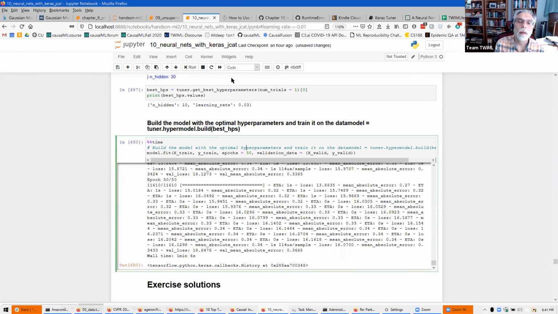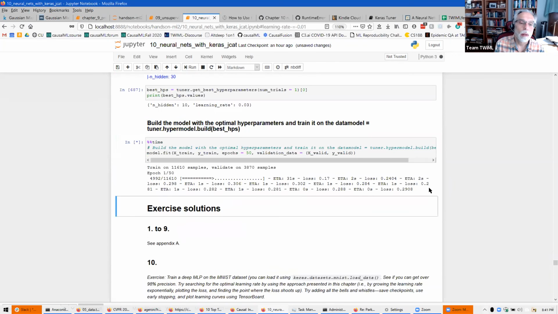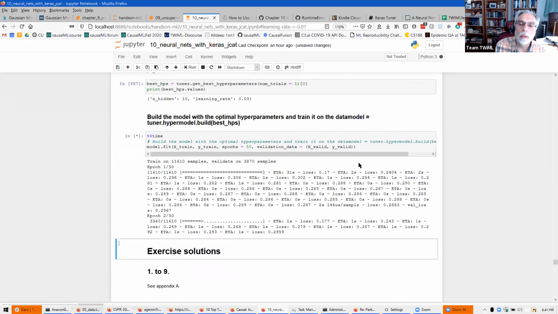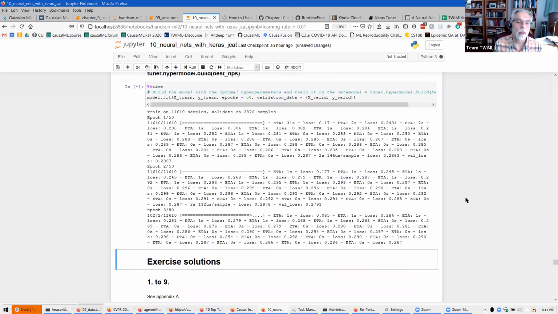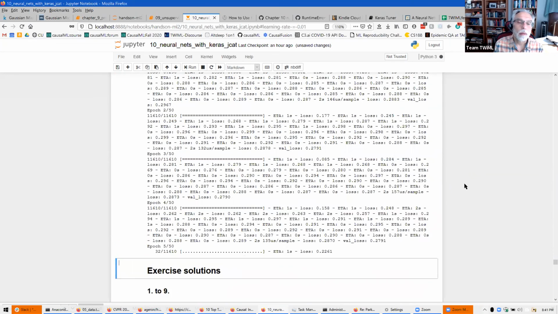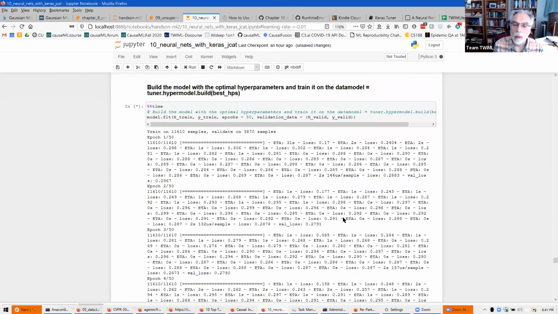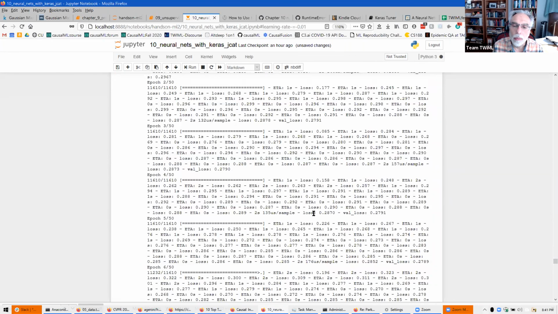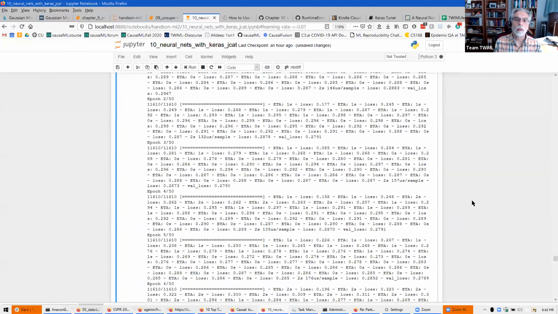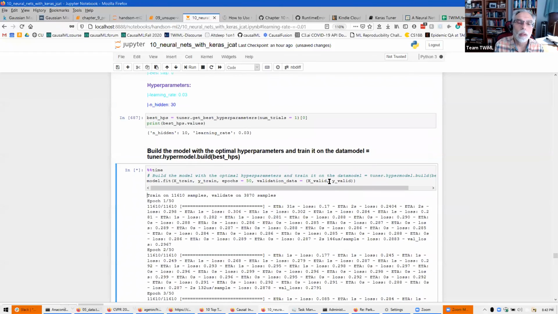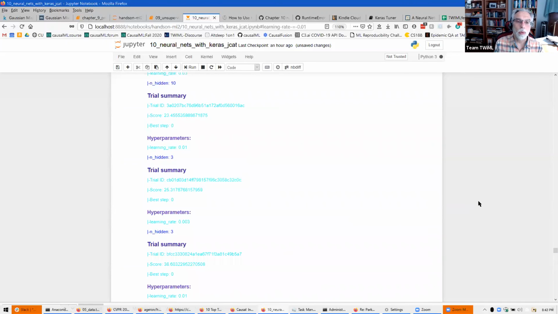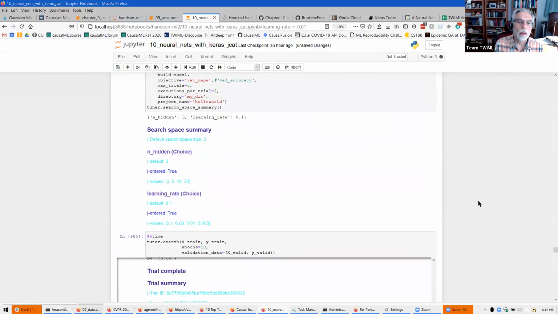I guess this is quick. This only takes about a minute, I think. And we can see about loss. I can't remember whether we're looking at MAPE or not.